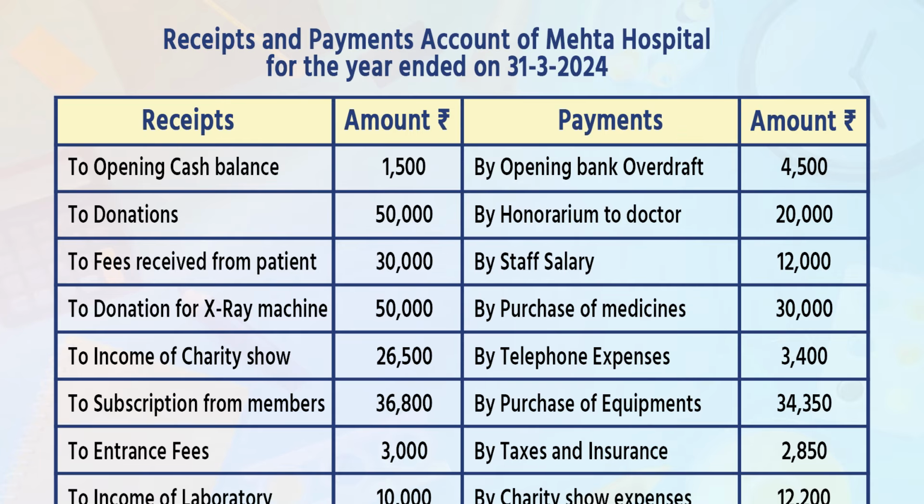Now we are going to prepare receipt and payment account of Mehta Hospital for the year ended on 31st March 2024. First of all, we will write all the amount of receipt side.